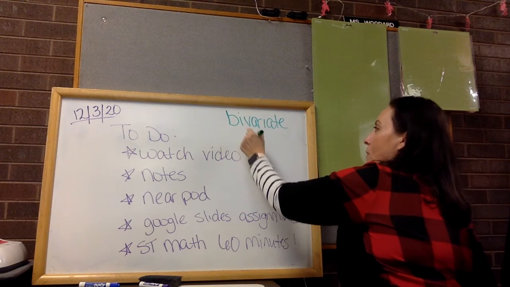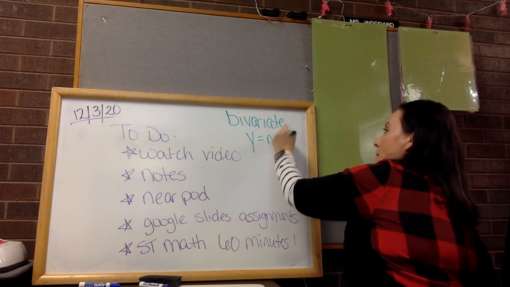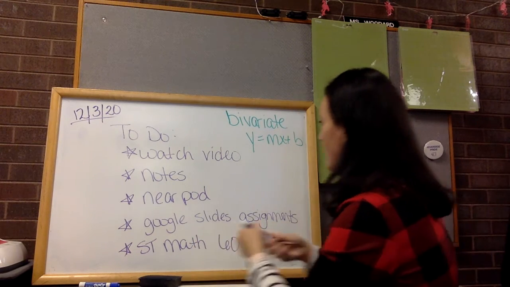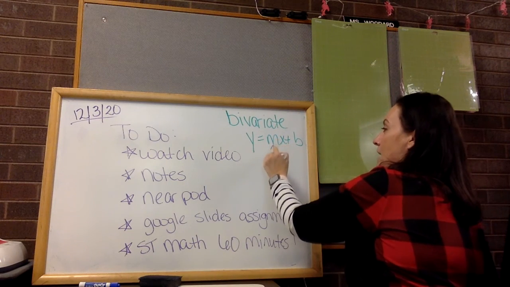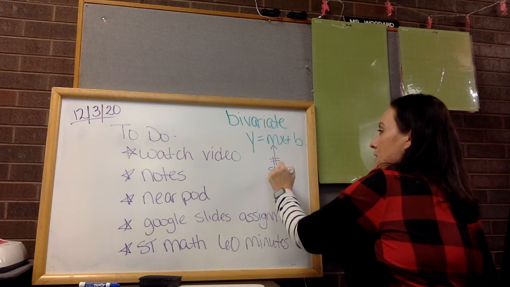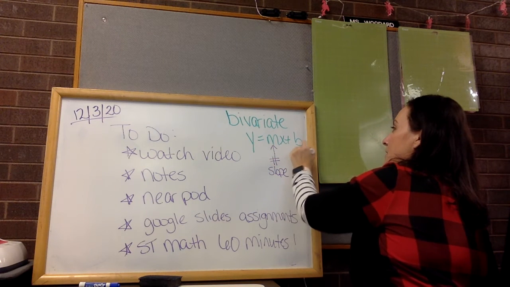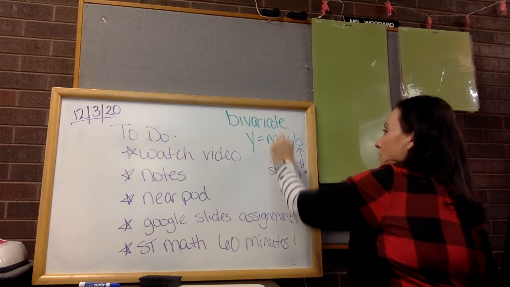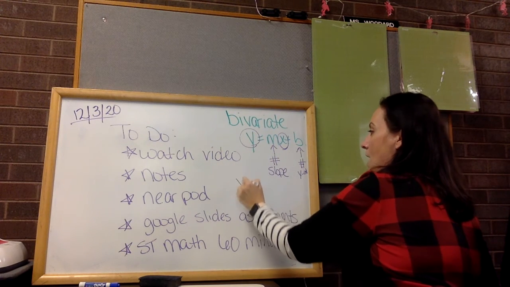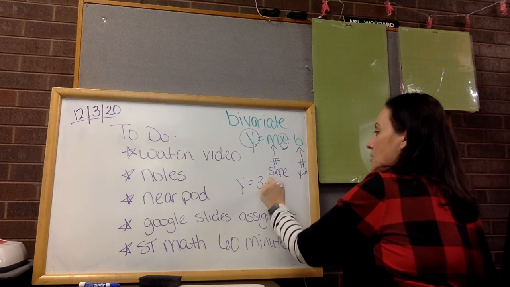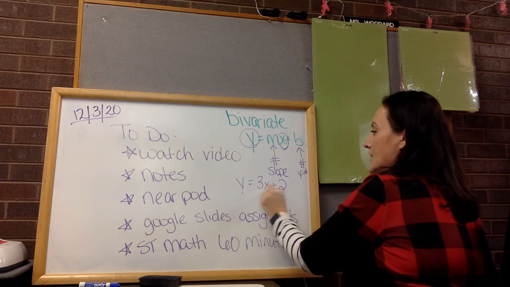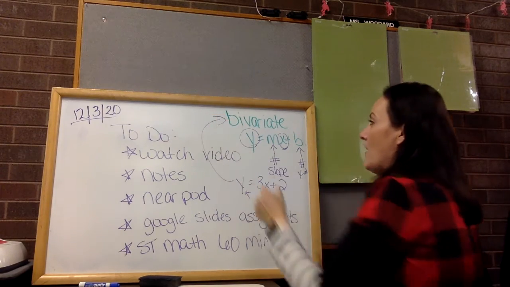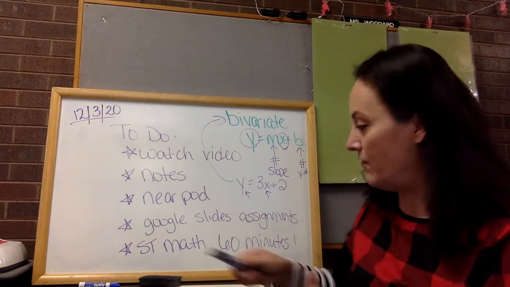When you're talking about something like y equals mx plus b, there's going to be 2 variables in every equation. This is actually a number, and that number is the value for slope. This is a number, and that's our y-intercept. We have 2 variables in every equation. Y equals 3x plus 2. That x and that y are 2 variables, so that's what makes this a bivariate equation or bivariate relationship that you're dealing with.